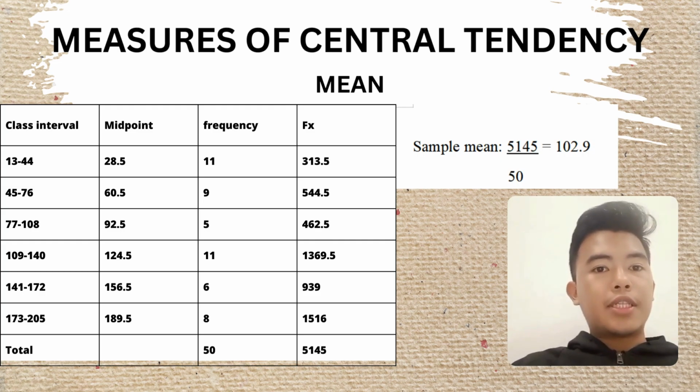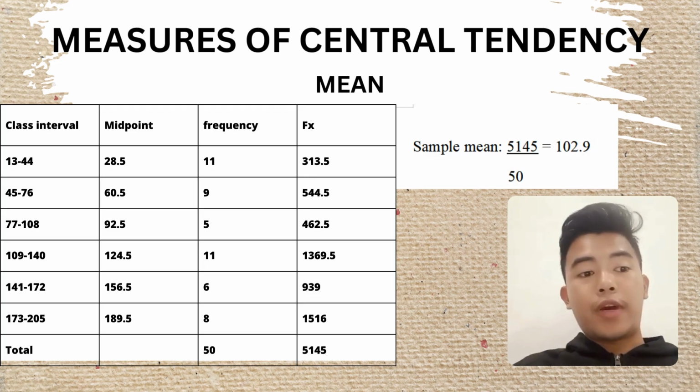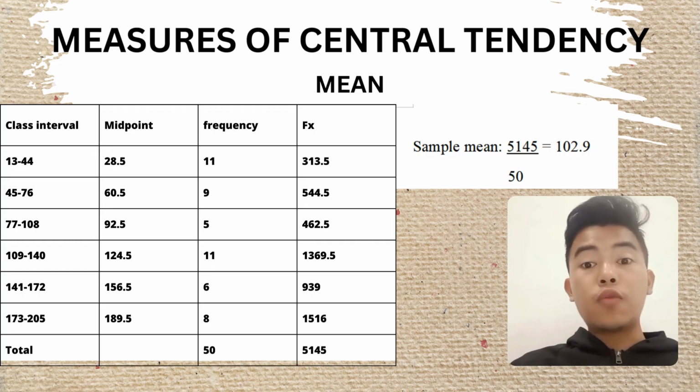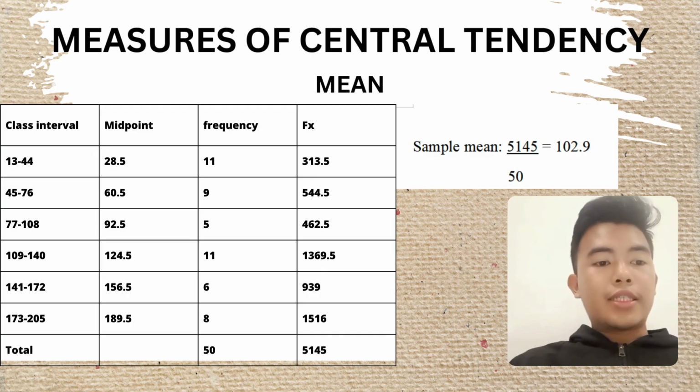As you can see here, this is the table to find the mean, and here is the solution to find the mean: 5,145 divided by 50, where 50 is n, the total frequency or total of samples. This is the answer for the mean.